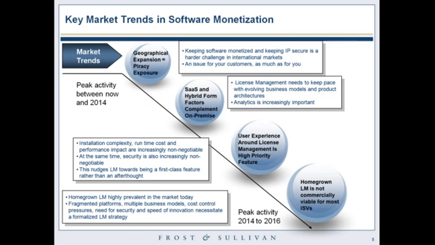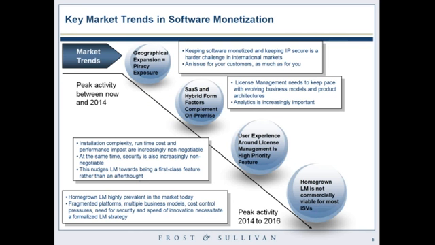There are continuous pressures to control costs. The top line is not quite able to grow as much, and so controlling the bottom line becomes more and more important. And at the same time, you have an ongoing need for security and innovation. So we're very much recommending that ISVs look at their license management strategy and very much consider looking at commercially available solutions, or at least developing their own long-term.